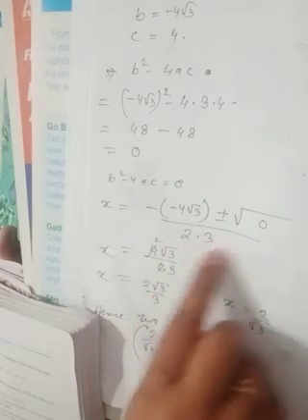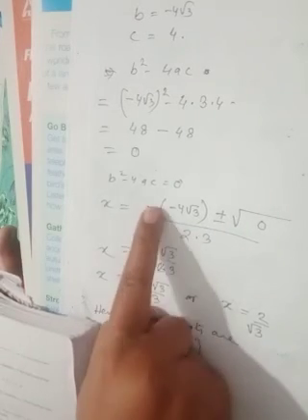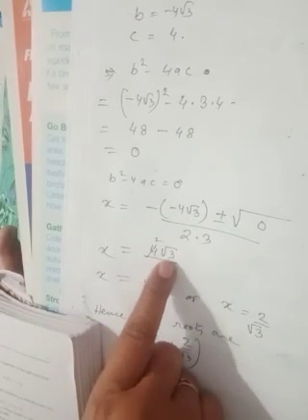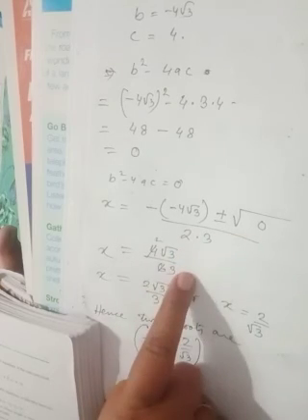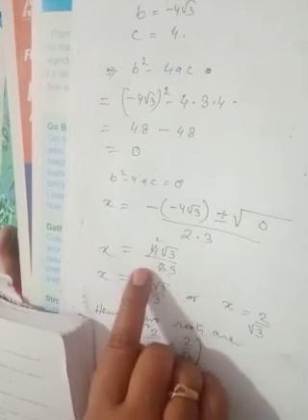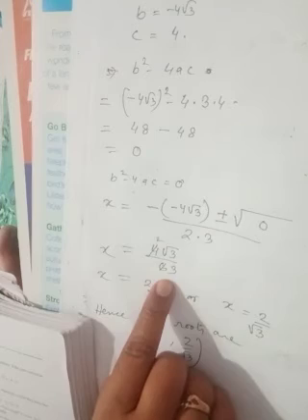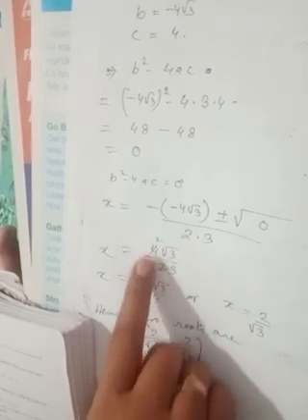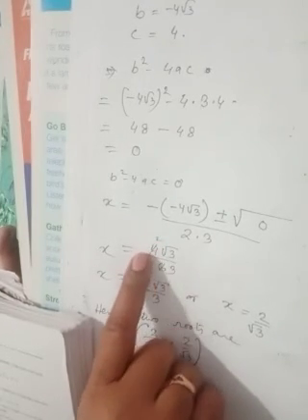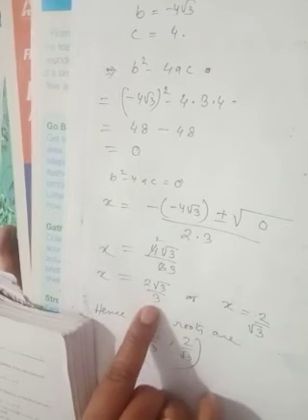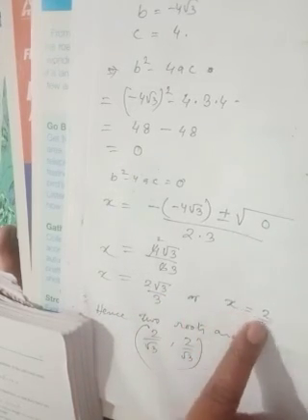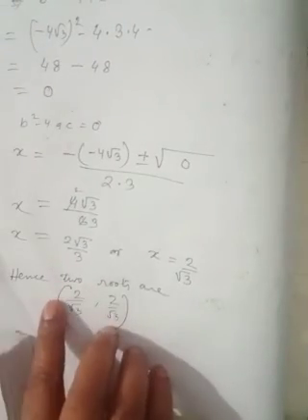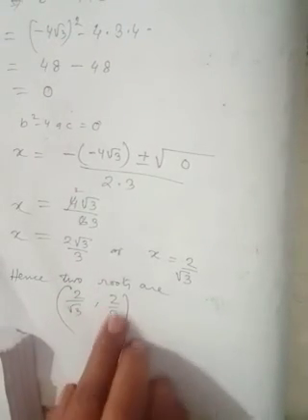So writing 2 into 3, we get minus into minus 4 root 3 by 3 into 2 is 6, 4 root 3 by 6. Now dividing 4 and 6 by 2, we get 2 root 3 by 3, or we can write x is equal to 2 by root 3. Hence two roots are 2 by root 3 and 2 by root 3.